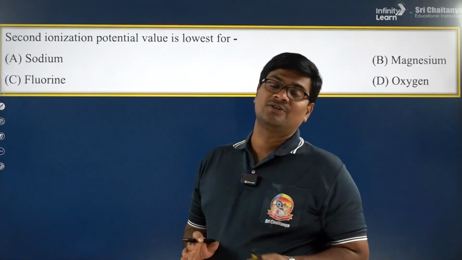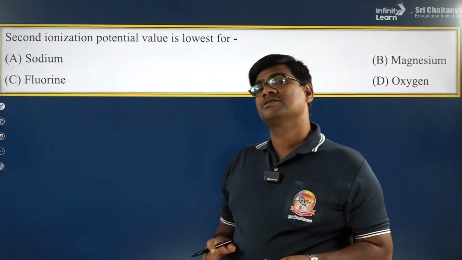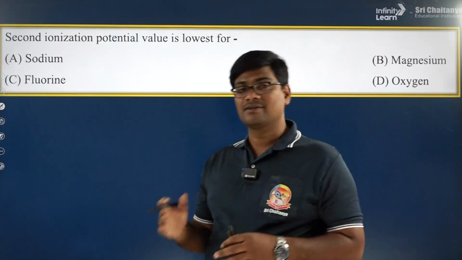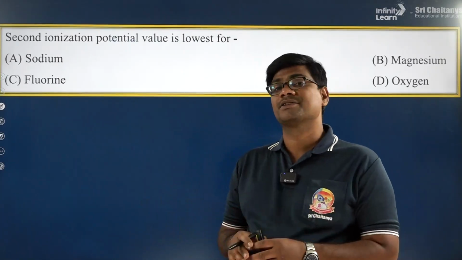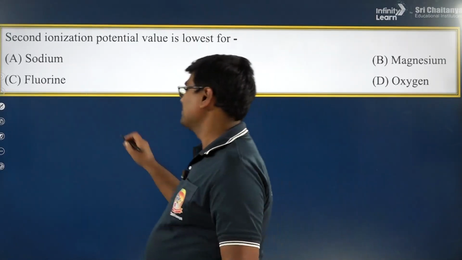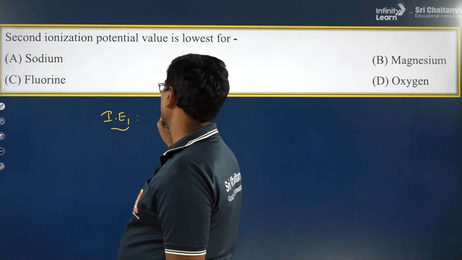We know that from left to right ionization energy increases. And also we know that metals like alkali metals and alkaline earth metals have lower ionization energy, and non-metals have more ionization energy. In the given list, if they ask ionization energy 1, which will have the lowest?